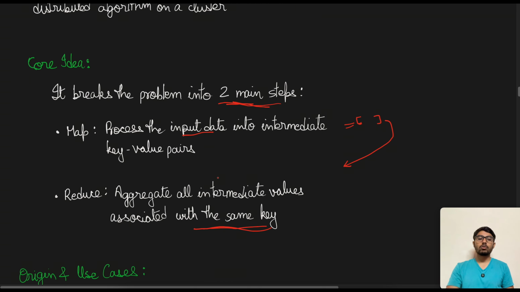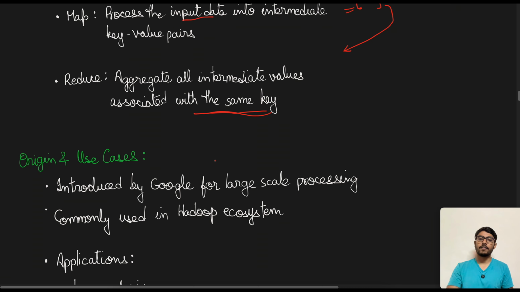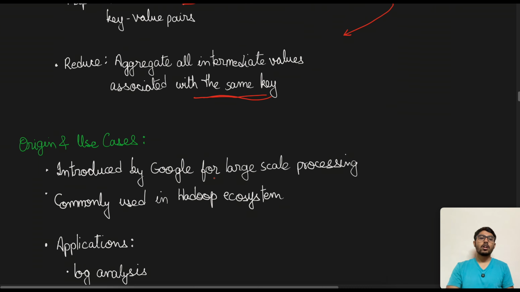Now we'll understand the origin and why this type of architecture eventually came into the picture. This was introduced by Google for large scale processing, when a lot of data needed to be processed and that didn't make sense with the sequential traditional method, so Google invented this. Of course this then got used with different operating systems and different companies.